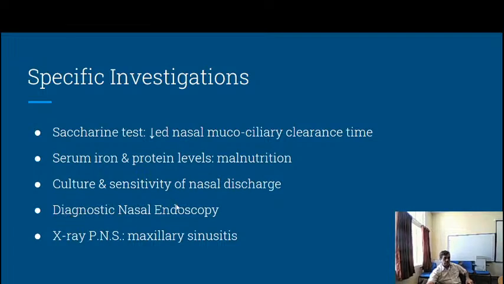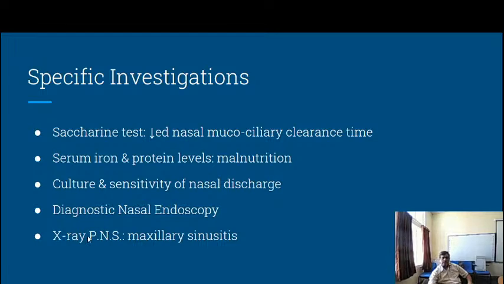Diagnostic nasal endoscopy, where you would like to see the widening of the nasal cavity, turbinate hypertrophy, the bulla ethmoidalis is shrunken, and the lateral wall is totally pushed laterally.